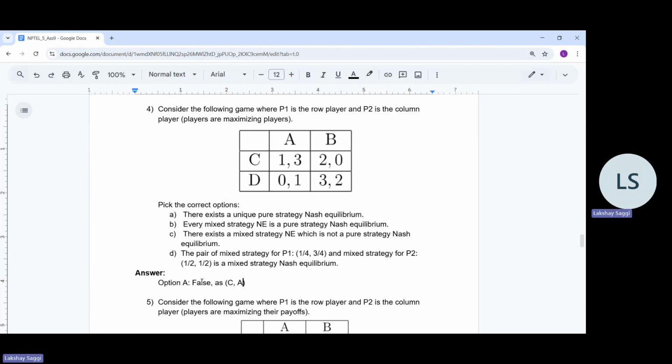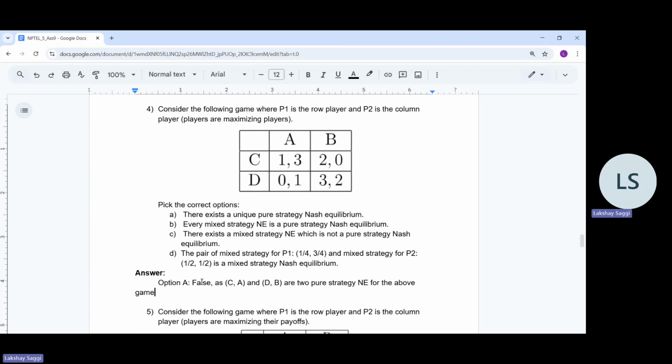So C is the strategy of the row player and A is the strategy of the column player, and this is a Nash equilibrium, and D, B is also a Nash equilibrium. There are two pure strategy Nash equilibria for this type of game.